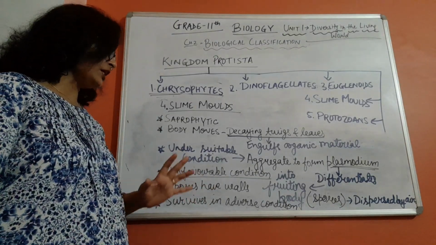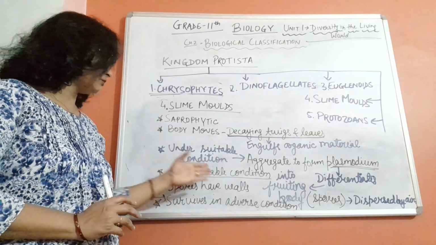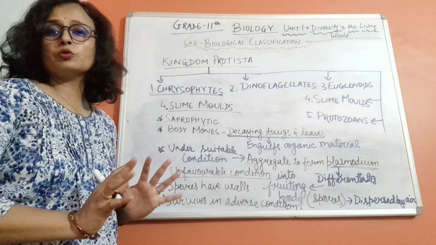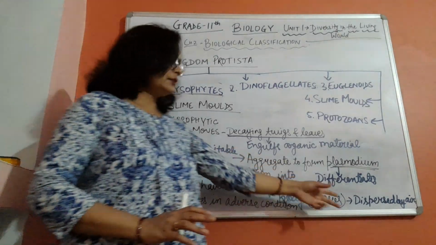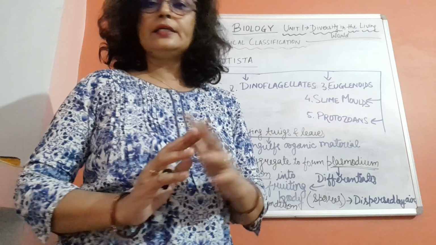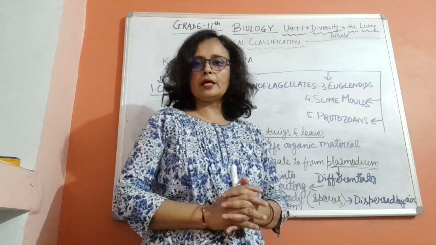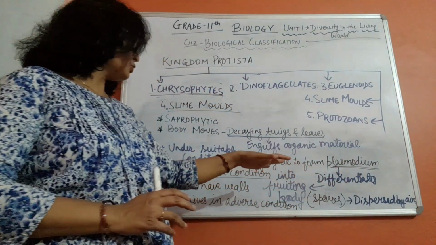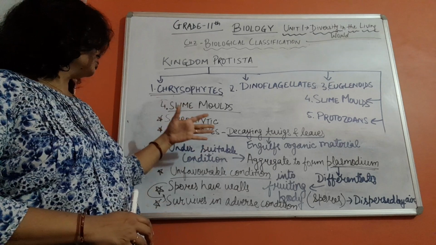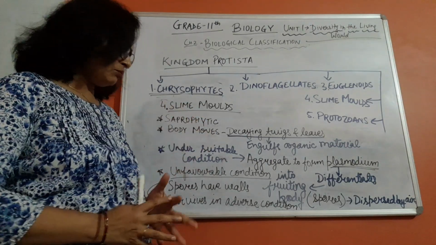These spores survive in adverse conditions. In any kind of unfavorable condition, spores survive for a very long period of time, and such spores spread into the atmosphere by air. In this way the spores develop into new slime molds, and so slime molds survive.